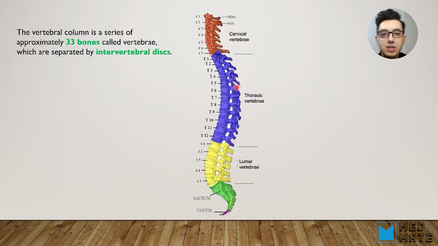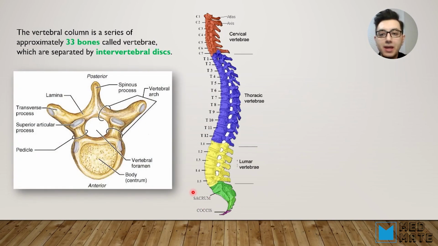The second section consists of 12 vertebrae and is called the thoracic vertebrae. The third section is the lumbar vertebrae, which handles most of our body's weight, and it consists of 5 vertebrae. And the last part is the sacrum and coccyx. Both together they are about 5 fused vertebrae, and now we call them sacrum.